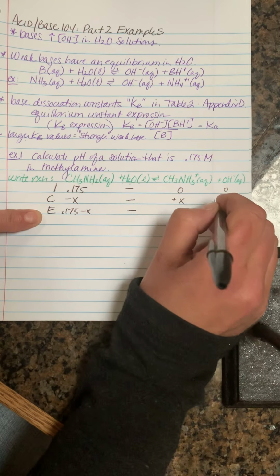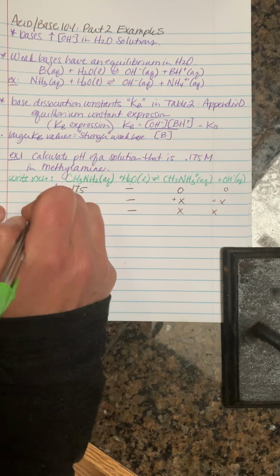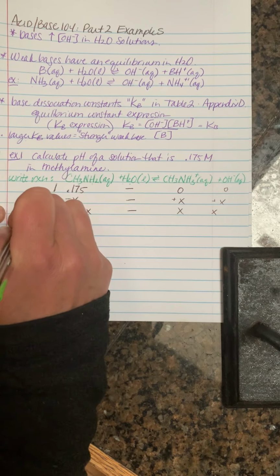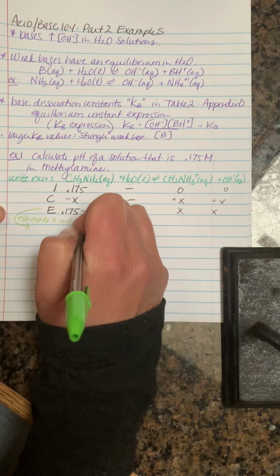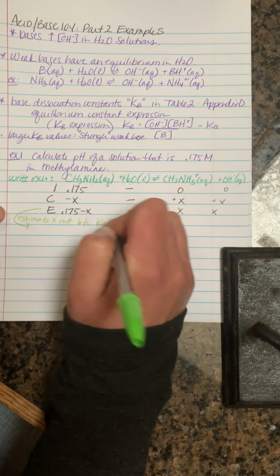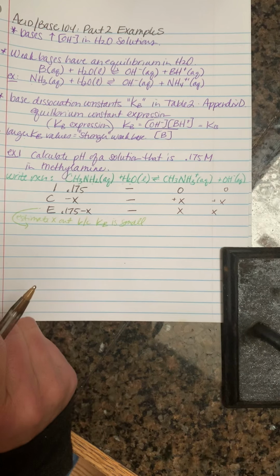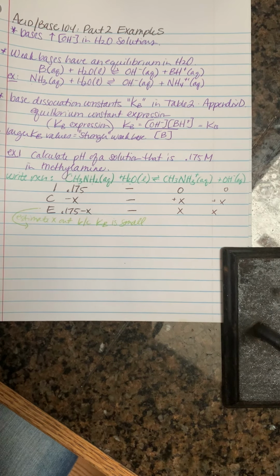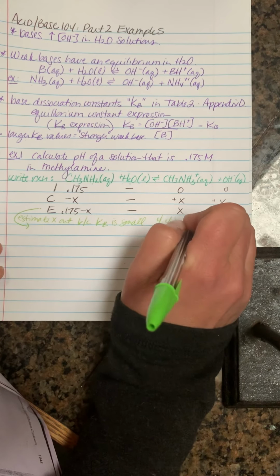We're gonna gain X. And then our next step is to estimate X out because the KB is small. And the KB for methylamine is 4.4 times 10 to the minus 4.